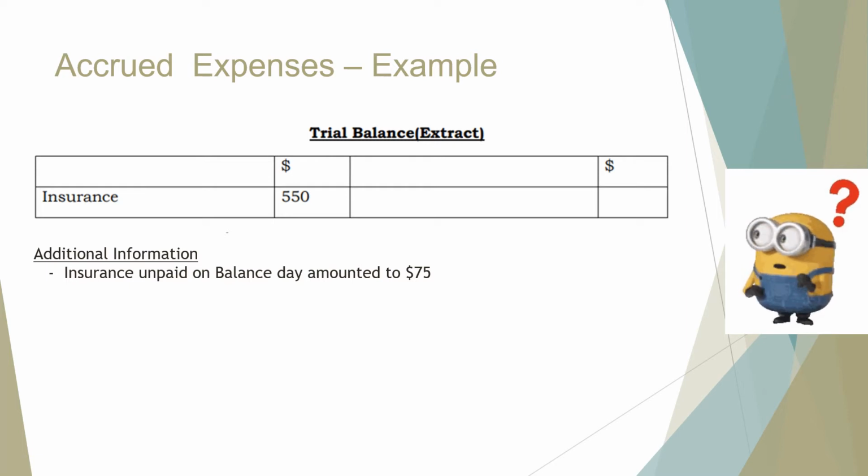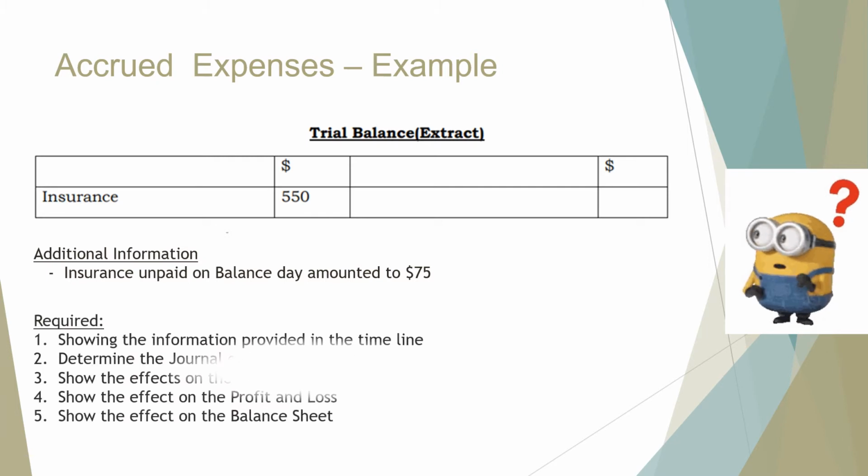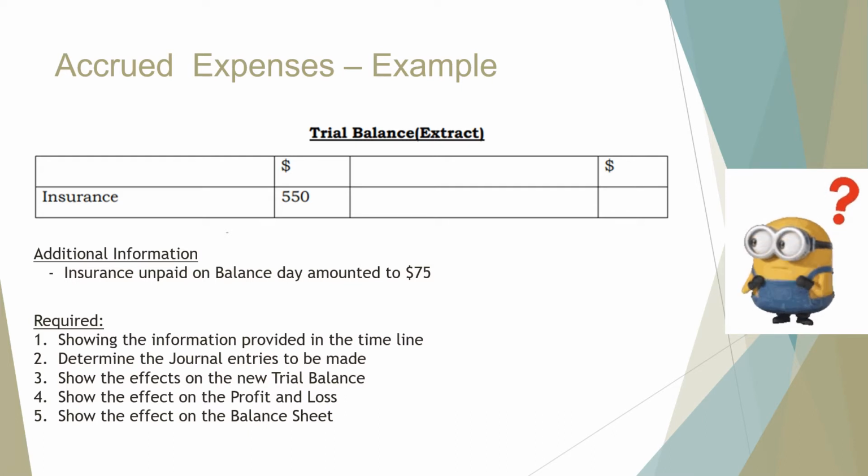So they have discovered that $75 is still yet to be paid. The question: show the information on the timeline, determine the general journal entries to be made, and show the effect on the new trial balance, the profit and loss, and the balance sheet.